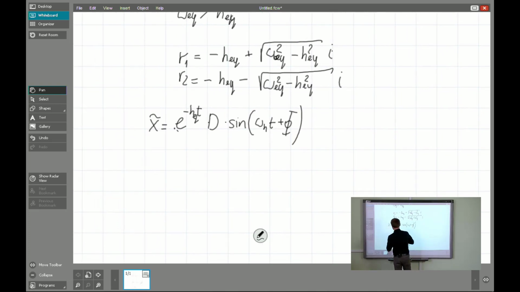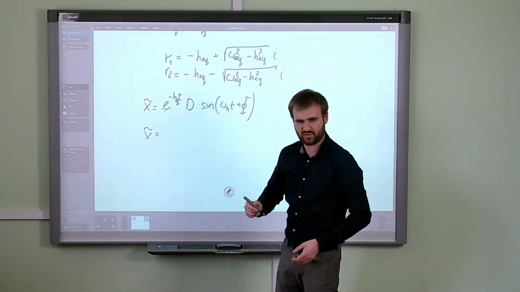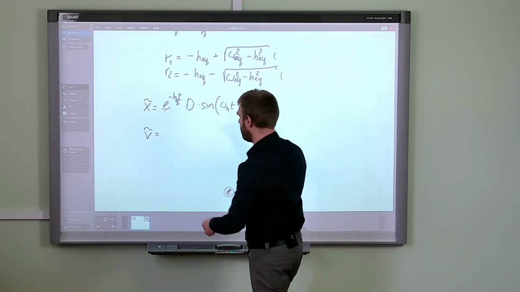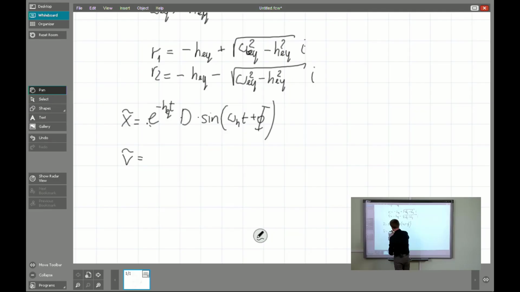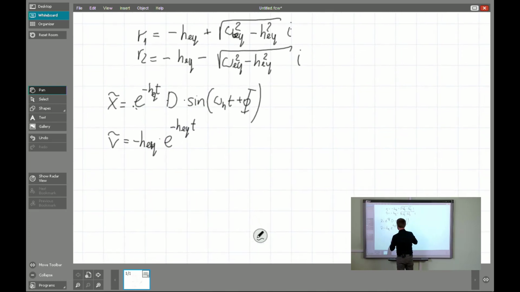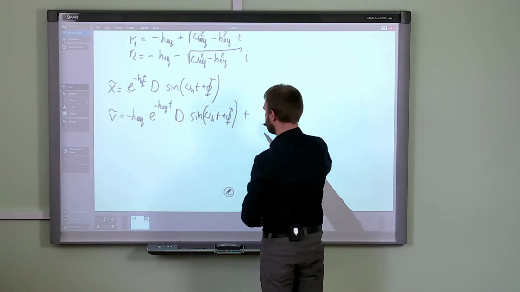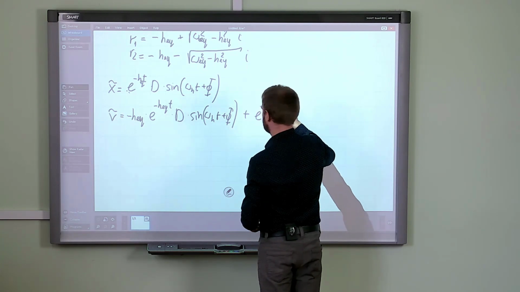In that case the velocity is the first derivative of that formula. As a result we get minus h times e to the power of minus equivalent h t times d times sine of omega h t plus phi, which is the derivative of the first component, plus the derivative of the second component.